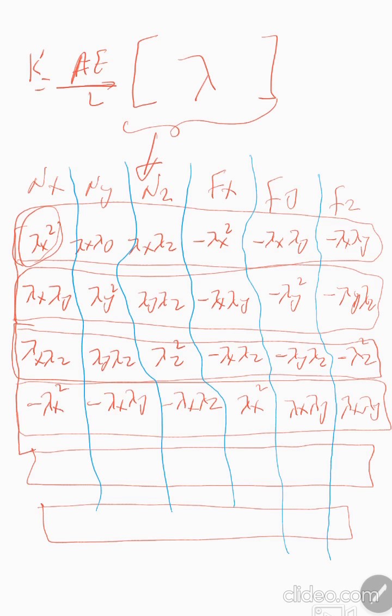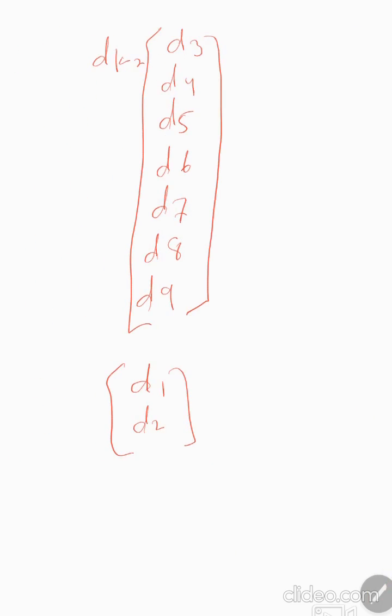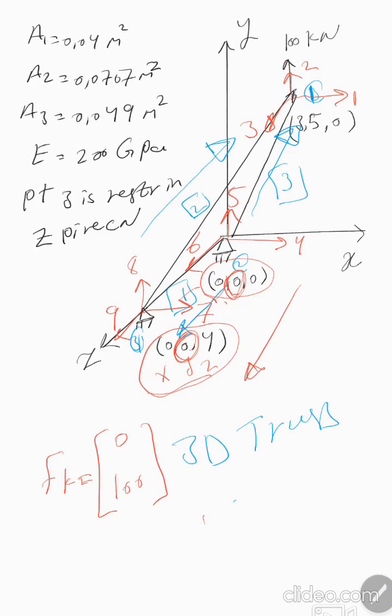in my solution I just put E outside here, to make it easy for you to calculate. Why? Because you have different values of A. If you go to the first slide, our question, we have A1, A2, and A3.